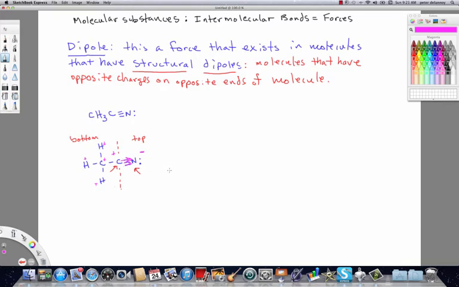So you can imagine another molecule not too far away that's going to be adjacent to this, that's going to line up so that its little partial positive charges are in proximity to the partial negative charge on the adjacent molecule. So our intermolecular bond is going to be in here.